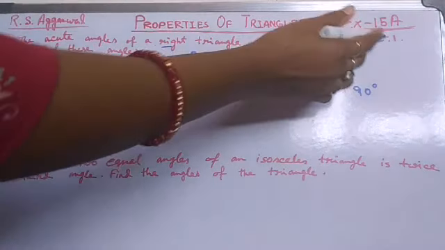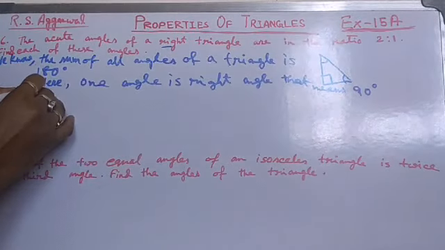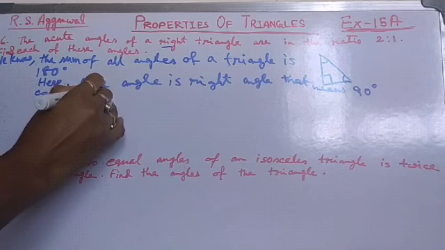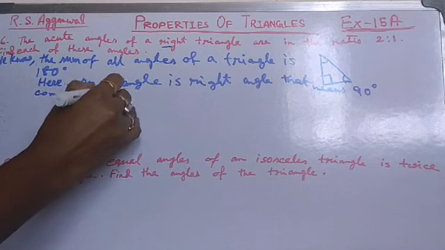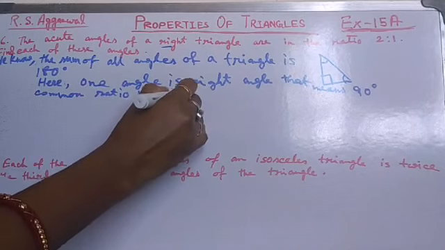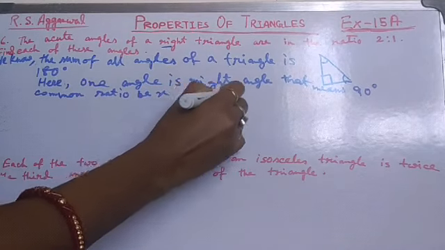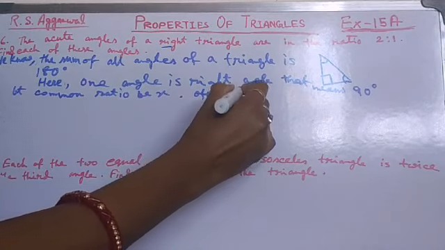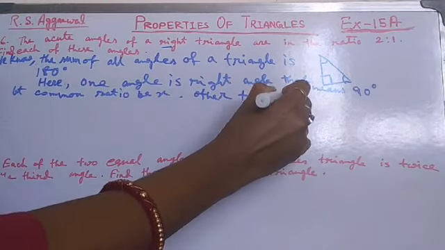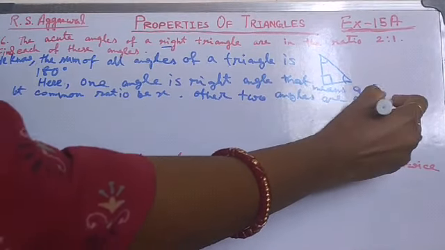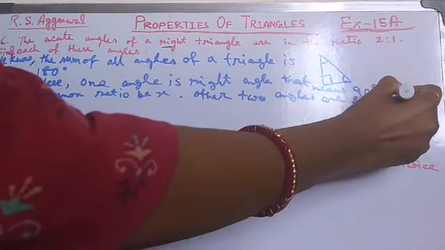That means here the ratio is 2:1 given. Common ratio be x. So other two angles are 2x and x degree.